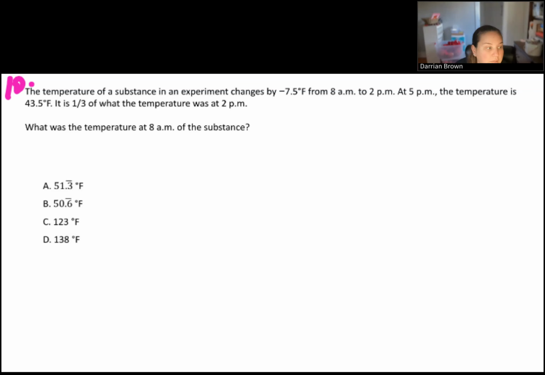It is 1/3 of what the temperature was at 2 p.m. Okay, so the first thing that we need to do is figure out what the temperature was at 2 p.m. The temperature was 43.5, which was 1/3 of what it was at 2 p.m. So since it was only 1/3 of what it was at 2 p.m., we need to multiply that number times 3, because 1/3, to see what the original temperature was at 2 p.m.